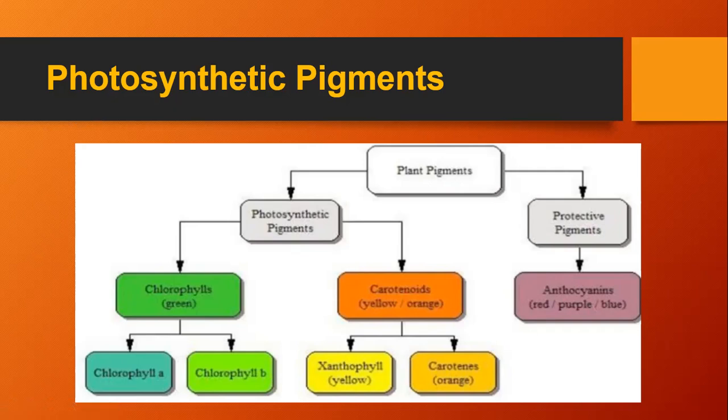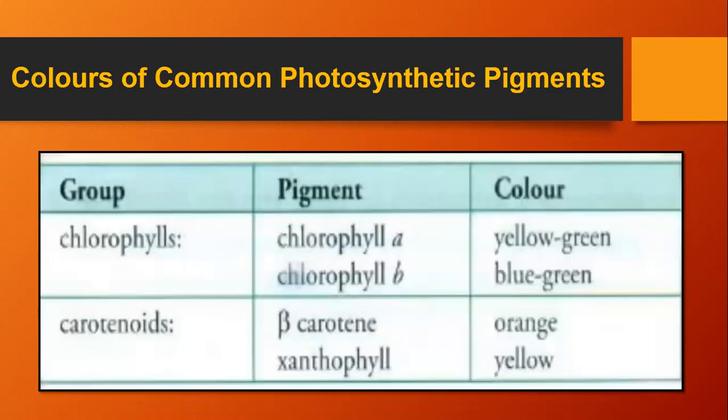Now if we look at the color absorption, which pigment is going to absorb mainly which color region of the light spectrum. You will see that the chlorophylls mainly absorb in the red and blue-violet regions of the light spectrum.